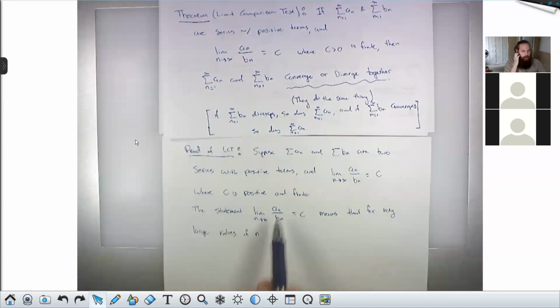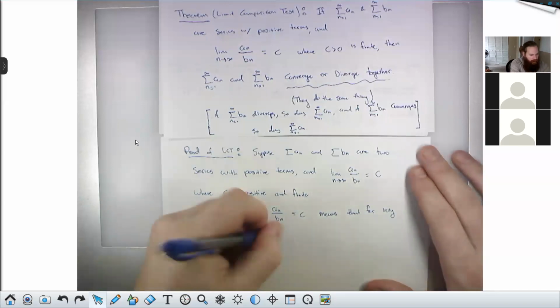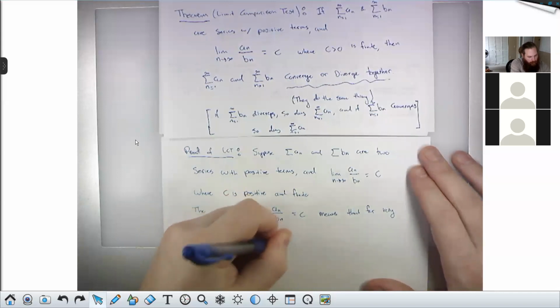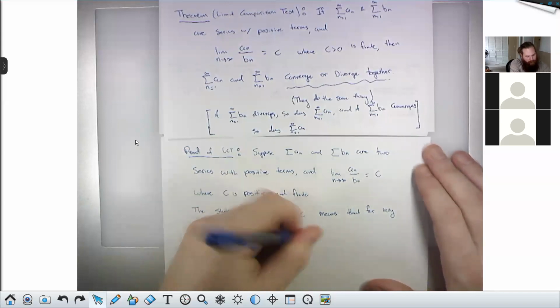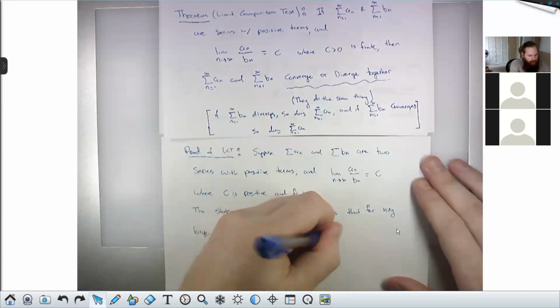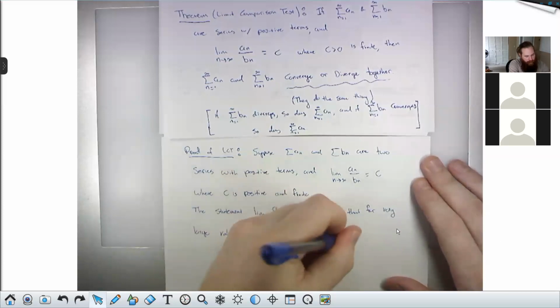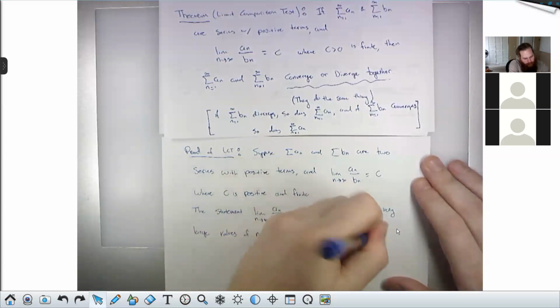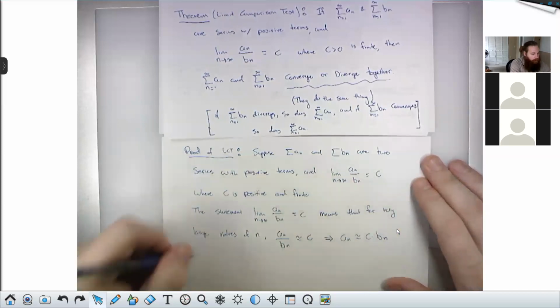If the limit as n goes to infinity equals C, that means as n gets bigger and bigger, this ratio gets closer and closer to C. So for very, very large values of n, An over Bn is approximately equal to C. Like A1 million over B1 million should be very, very close to C if this limit is C. That implies that An is approximately equal to the constant C times Bn for large n.